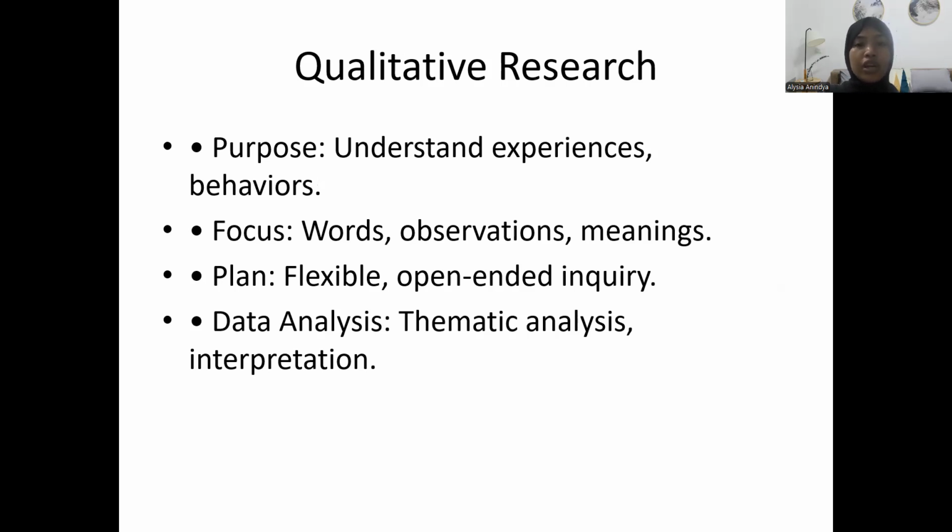The focus is on words, interviews, and observation. The plan for this research is flexible and open-ended. And the data analysis uses themes and patterns instead of numbers.